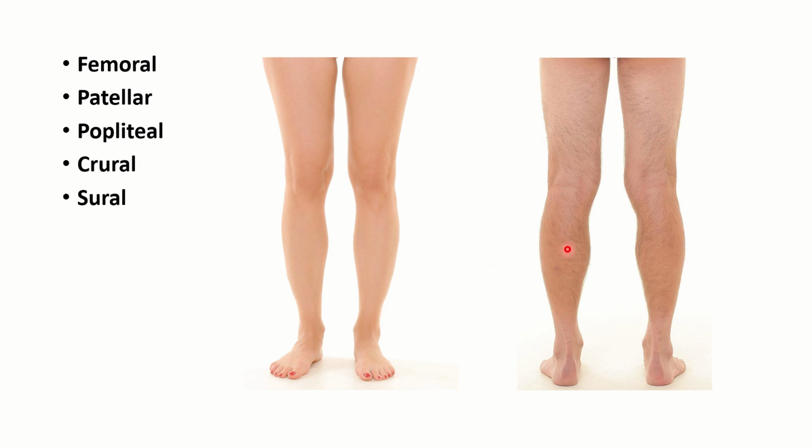Sural is the posterior part of the leg. Tarsal is the ankle area. Same thing in the back. Pedal is the foot. Calcaneal is the heel of the foot. And plantar is the sole of the foot, so it's like this area, under this area, under this area.